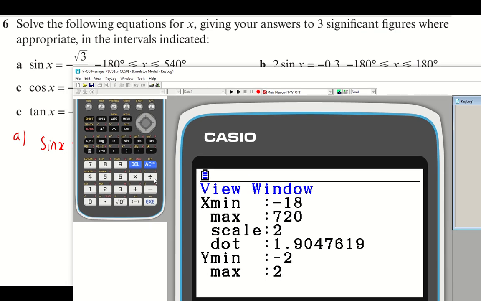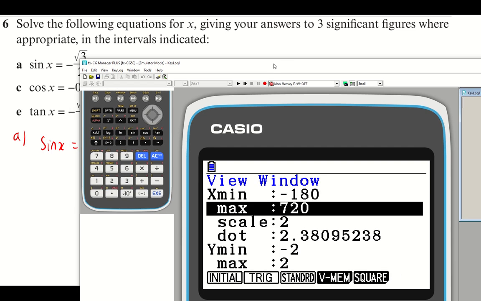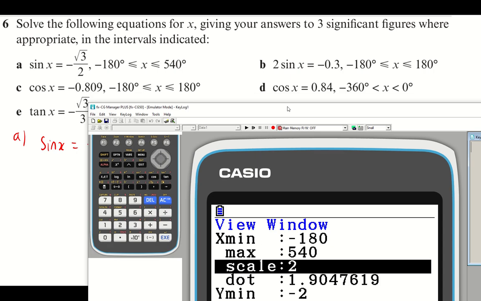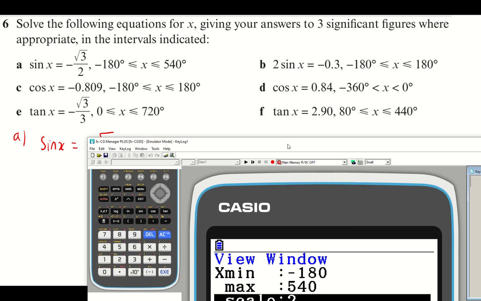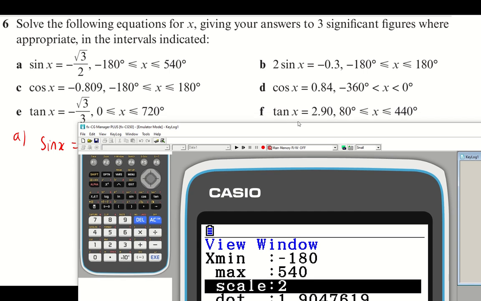And x max wants to be 540. I would make your y min, y max minus 2 to 2. It just gives a nice, easy view, especially for sine and cos. For things like f, where it's tan is 2.9, you have to extend that range a bit to include the 2.9.